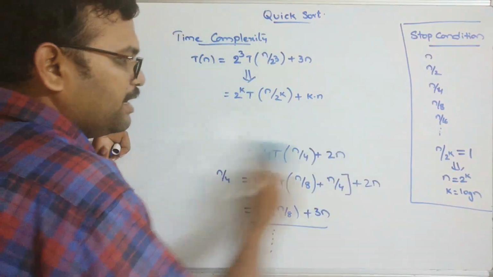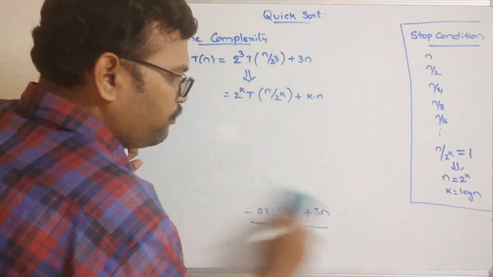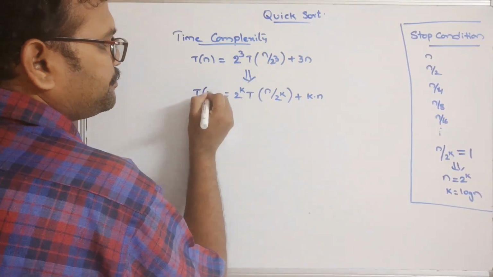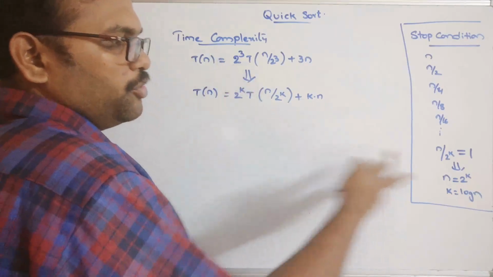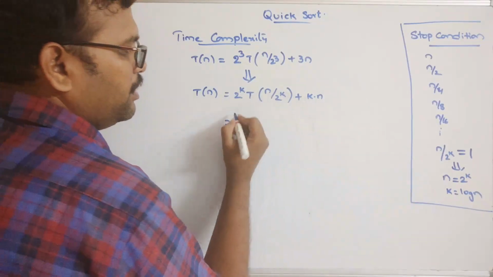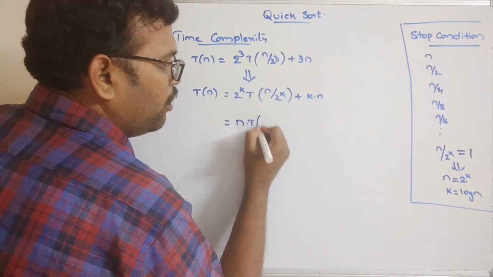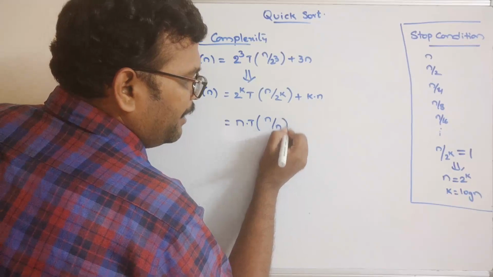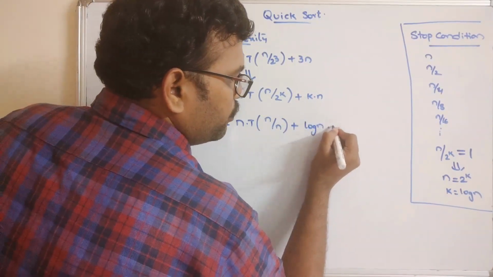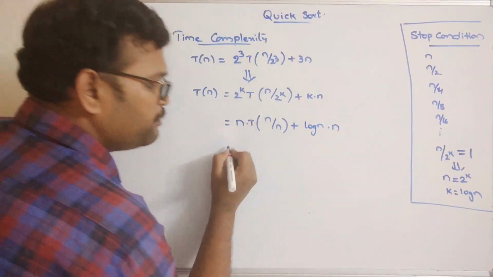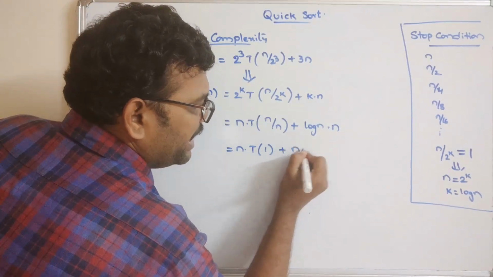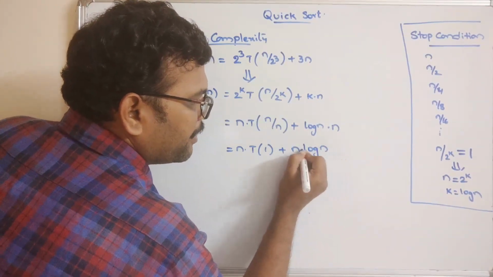So we can write the complexity in a generic format like this one. Now you can substitute the n value and k value here. So 2^k is n, into T(n/n), plus k value log n into n. So this becomes n into T(1) plus n log n.